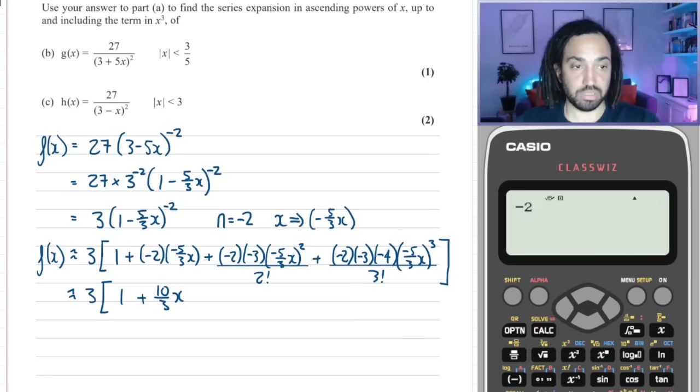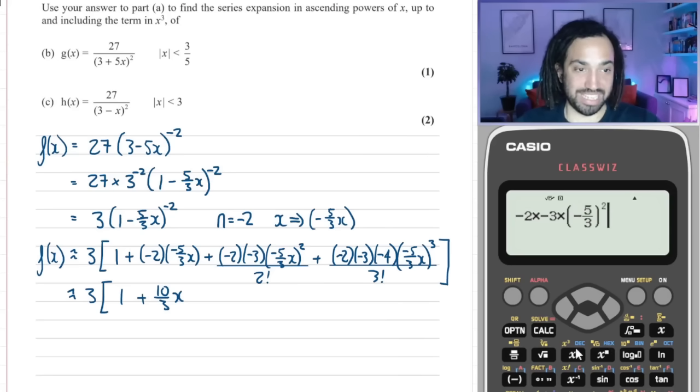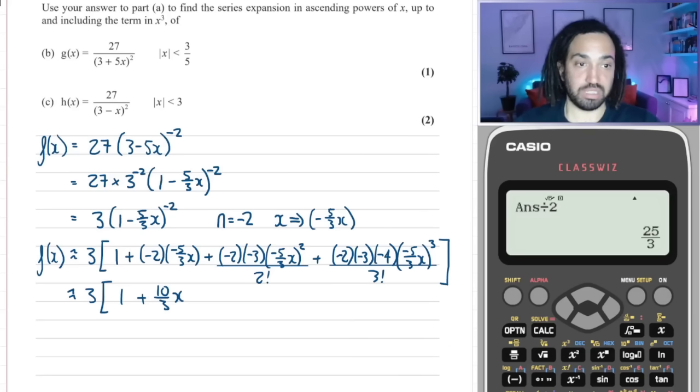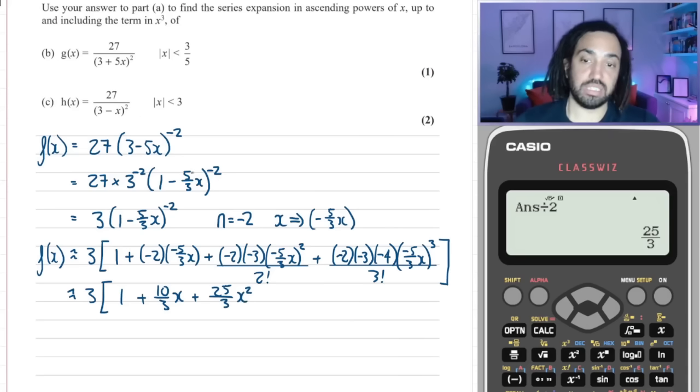Minus 2 times minus 3 times, in brackets, minus 5 over 3 squared, and then we need to divide that all by 2 factorial to get plus 25 over 3x squared.